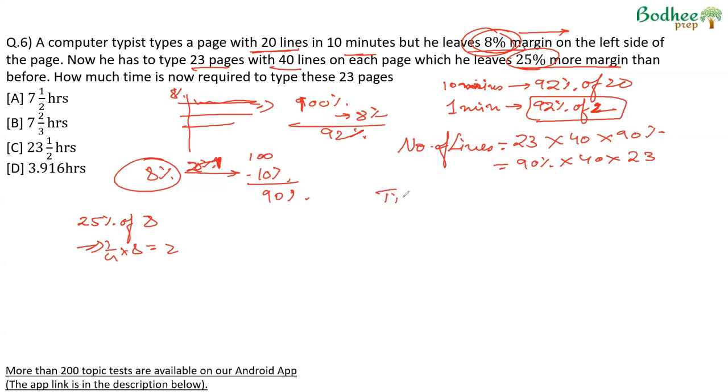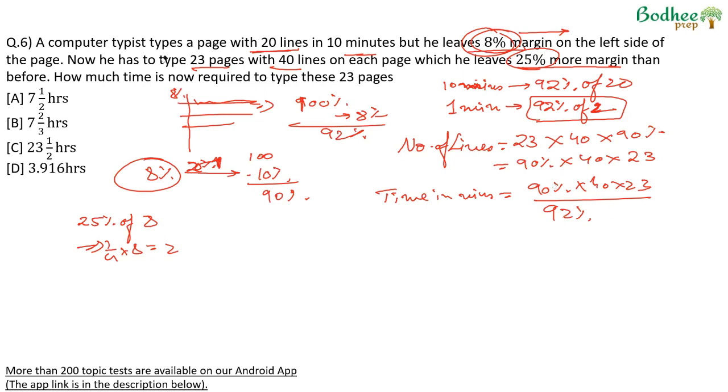So time in minutes will be total number of lines to be written, 90% into 40 into 23, and number of lines written is 92% of 2 per minute. So divide by amount of work done per minute.